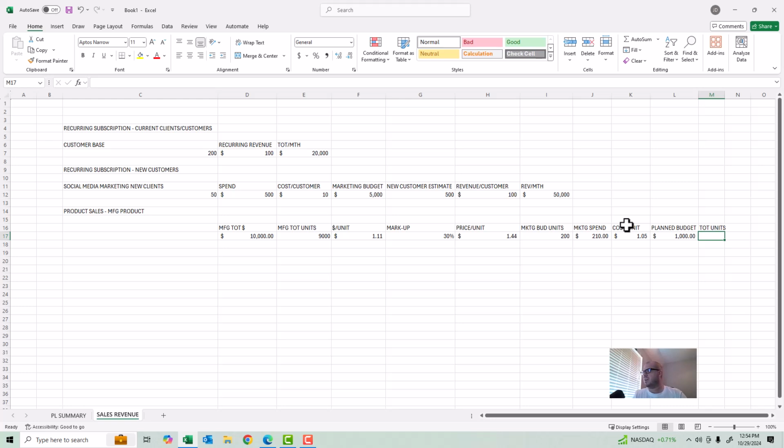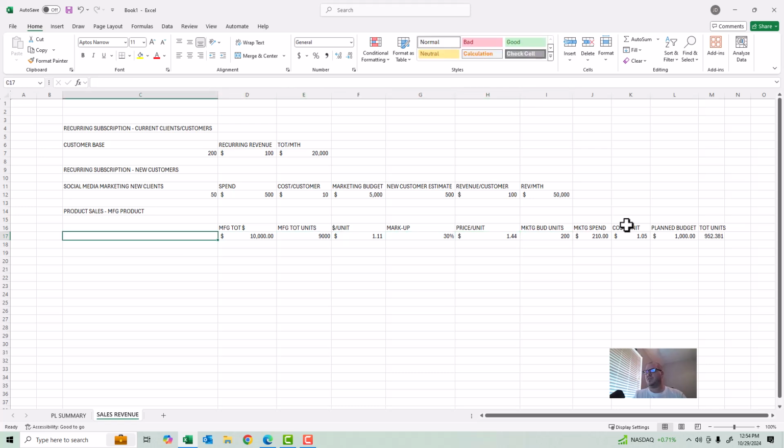And then I've got total units equals $1,000 that I'm going to spend on marketing. It costs me $1.05 to get a new sale, so I'm going to have total sales of 952.38 per month. Now, my price per unit that I'm selling it for is $1.44.